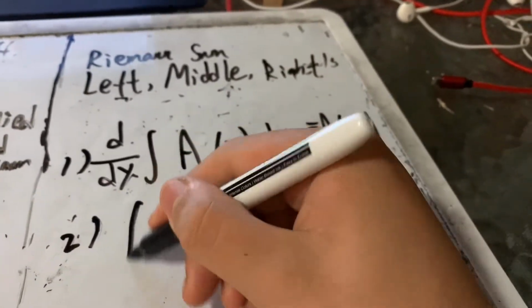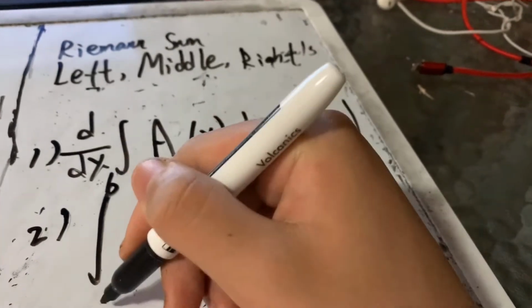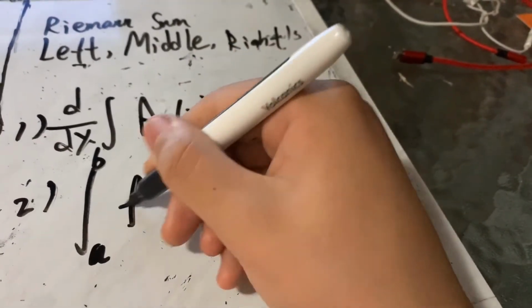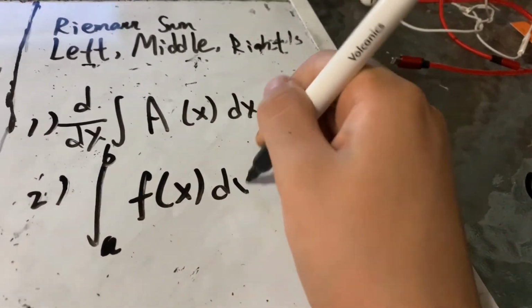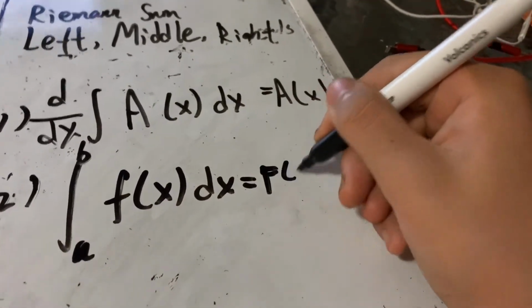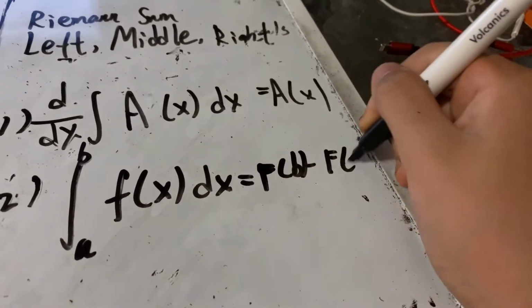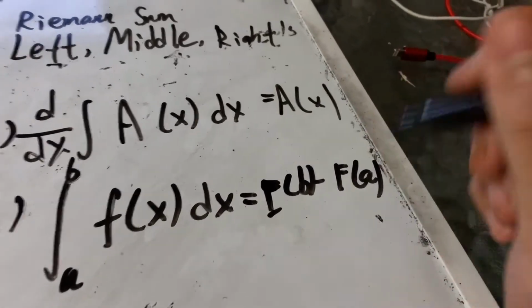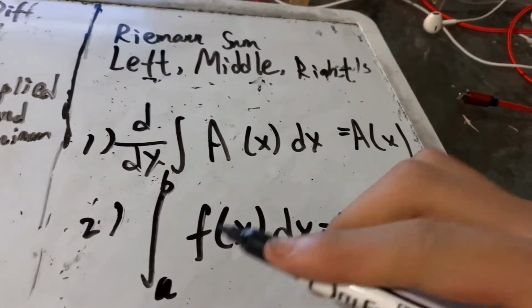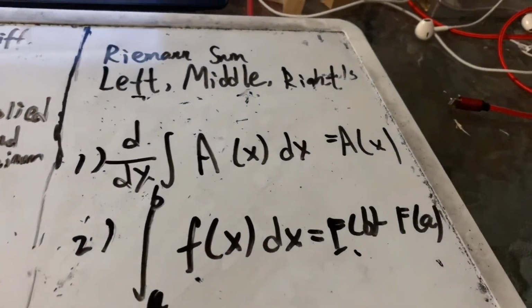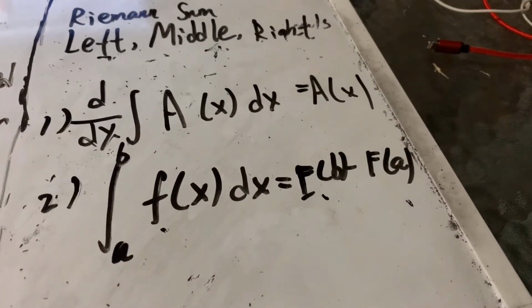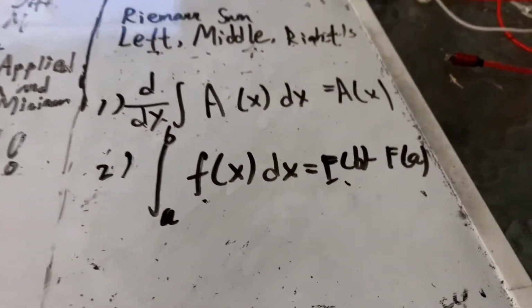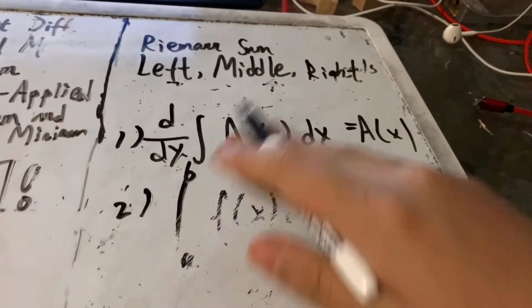The second law is the integral from A to B of the function is equal to F(B) minus F(A), where F means the antiderivative of the function. So these are the two basic laws of the integral.